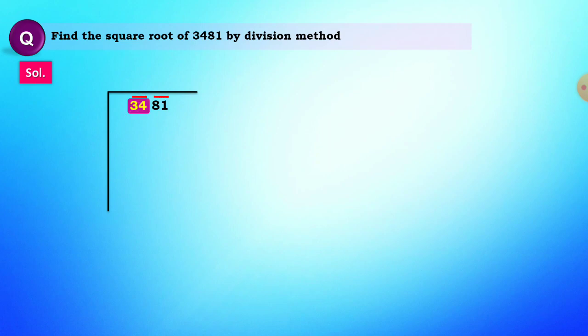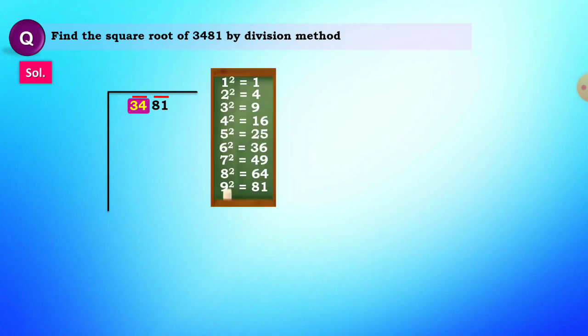Now our next step is we need to consider the first set, that is 34. And we need to think of the largest number whose square is equal to or less than 34. So here if you observe, students, which number square is less than or equal to 34? Yes, it is 5 square, that is 25.